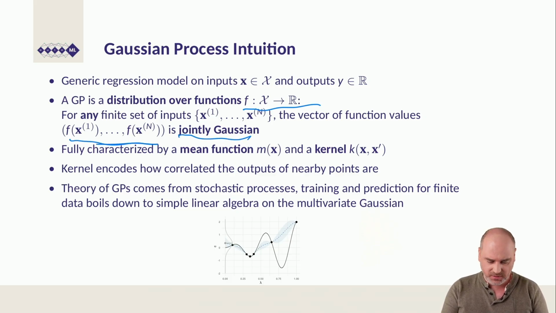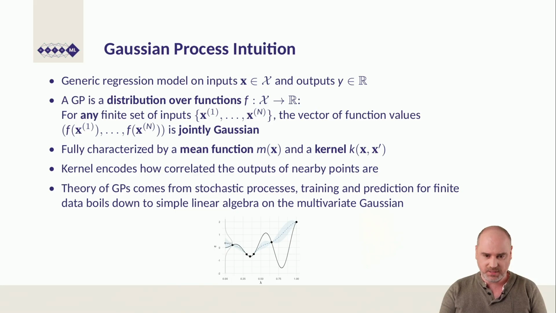So these predicted outputs at these n training points, or actually it doesn't even have to be training points, n points under consideration, is always a multivariate Gaussian. And in a certain sense, the Gaussian process is defined by this property that every finite dimensional marginal distribution is a multivariate Gaussian.